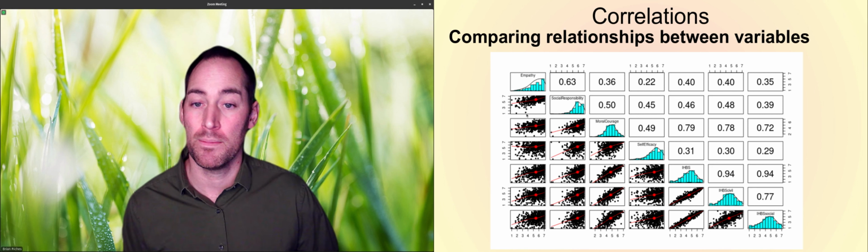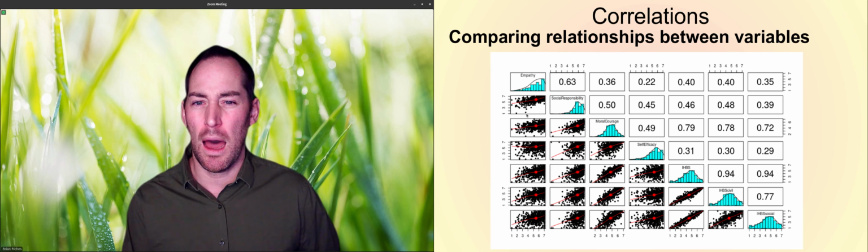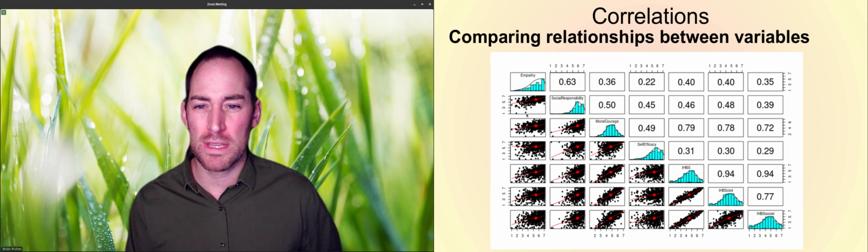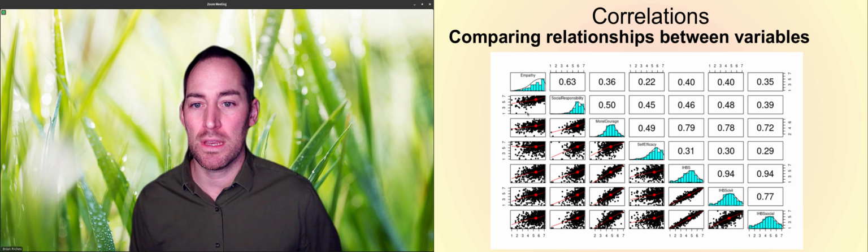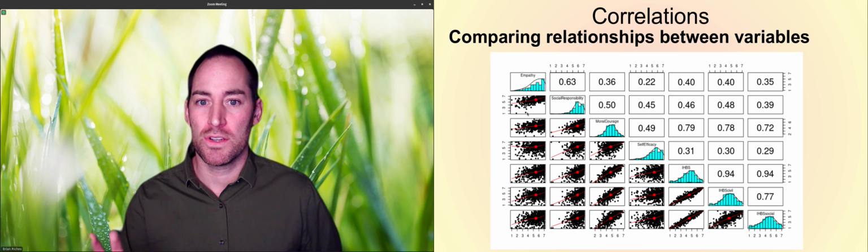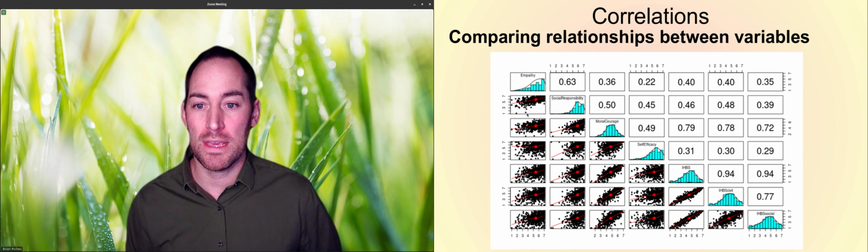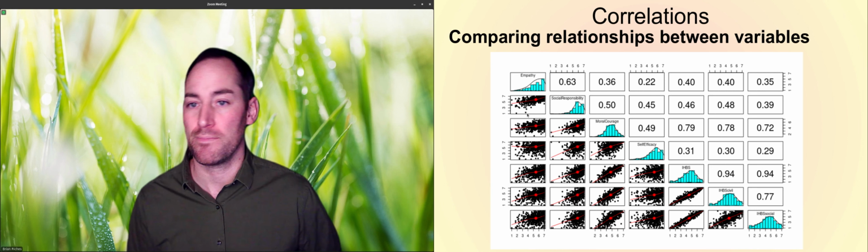So someone in my sample scored about a 3-point something on empathy, but scored basically, it looks like a 1.2 or so on social responsibility. So about a 3 on empathy, about a 1 on social responsibility. So that was their point.